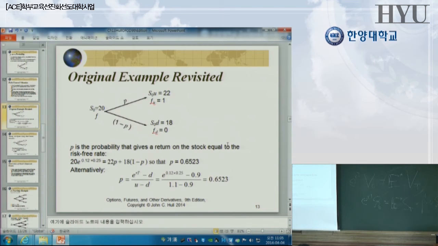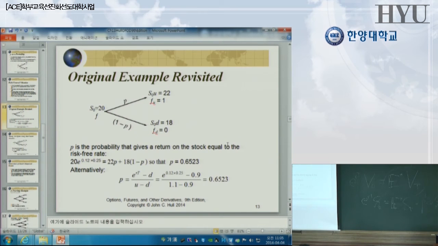If we invest $20 in a bank, we have this. If we invest $20 in the stock, we have this in future. In the risk neutral world, they should be exactly the same. One equation, one unknown. If we solve this, P looks like this, and it is exactly 0.6523. So we know the probability of up.